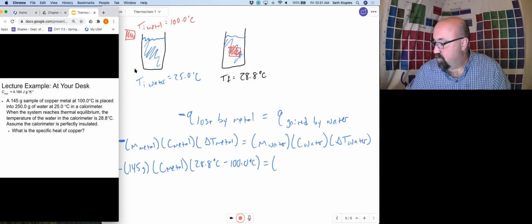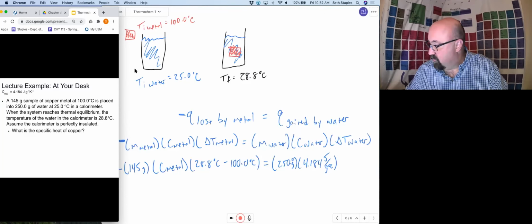That's going to be equal to our mass of the water at 250 grams, or 250.0, times our specific heat of the water, which we are given, 4.184 joules per gram degree C, times our delta T of the water, 28.8 minus 25.0.